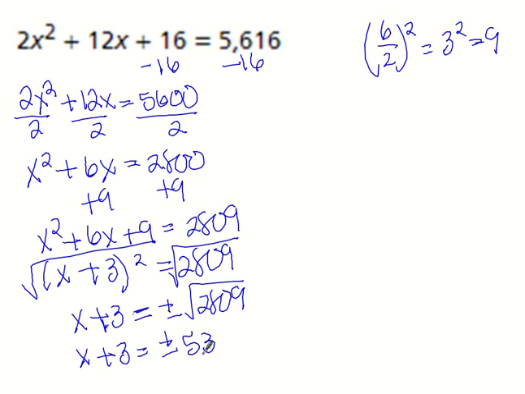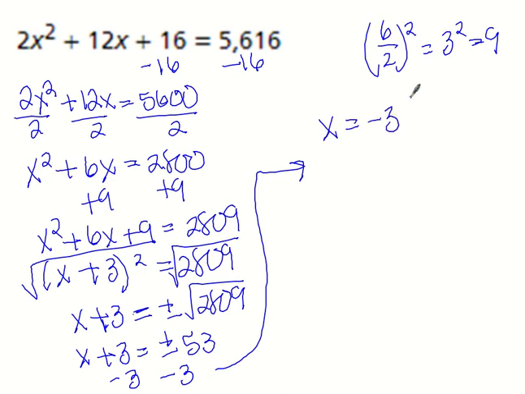Okay, so it's always a good idea to check, is it a perfect square? So then I'm going to minus 3 from both sides, and I get x equals negative 3 plus or minus this, not the square root of 53, just 53. Now this is where we actually would do two problems.